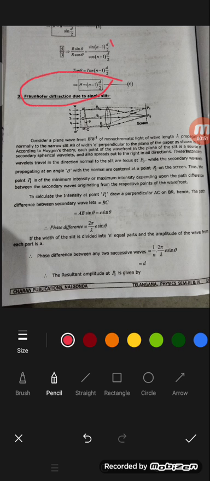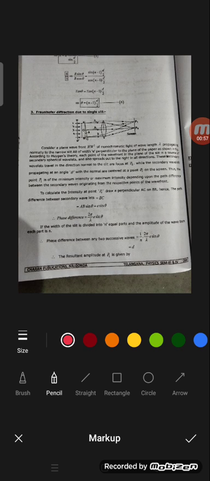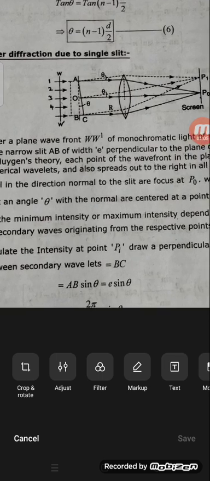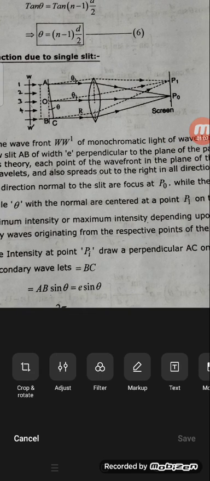As we are considering Fraunhofer diffraction due to a single slit, by using a single slit we have to form the Fraunhofer diffraction.